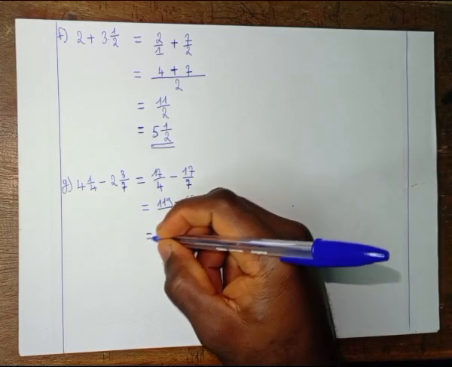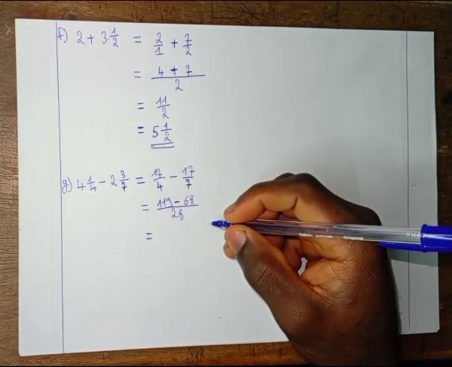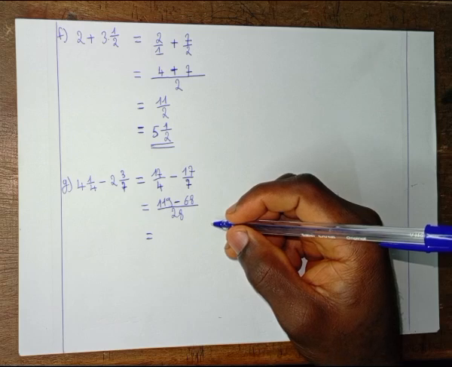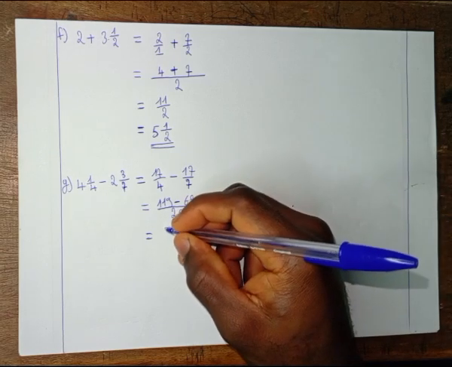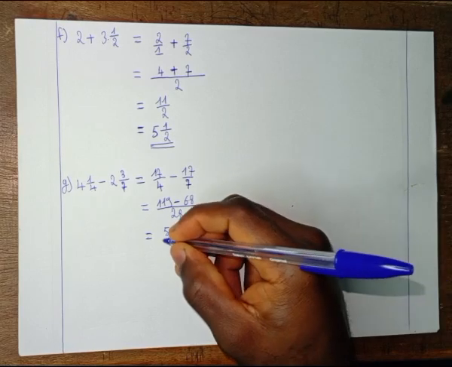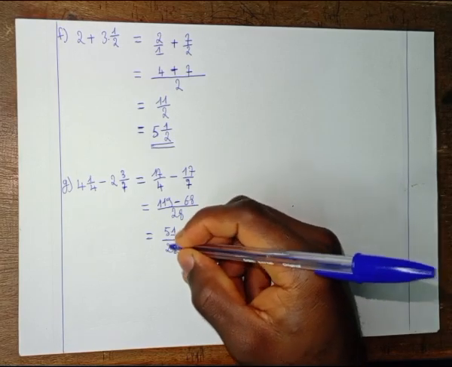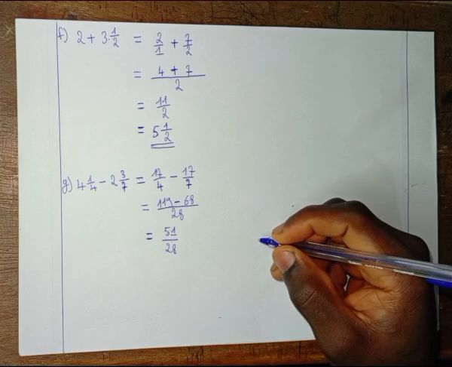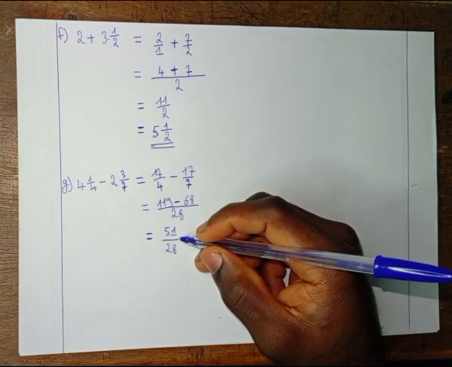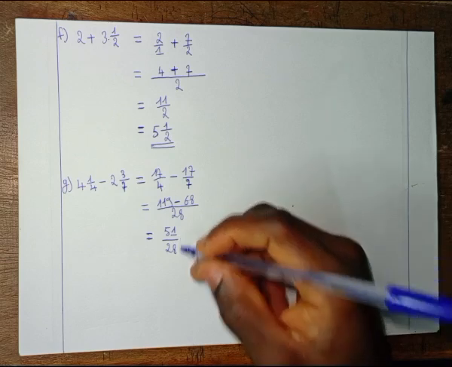So this will simply be equal to 119 minus 68. It gives us 51 all over 28. The next thing now, we have to change this improper fraction 51 all over 28 to a mixed fraction.